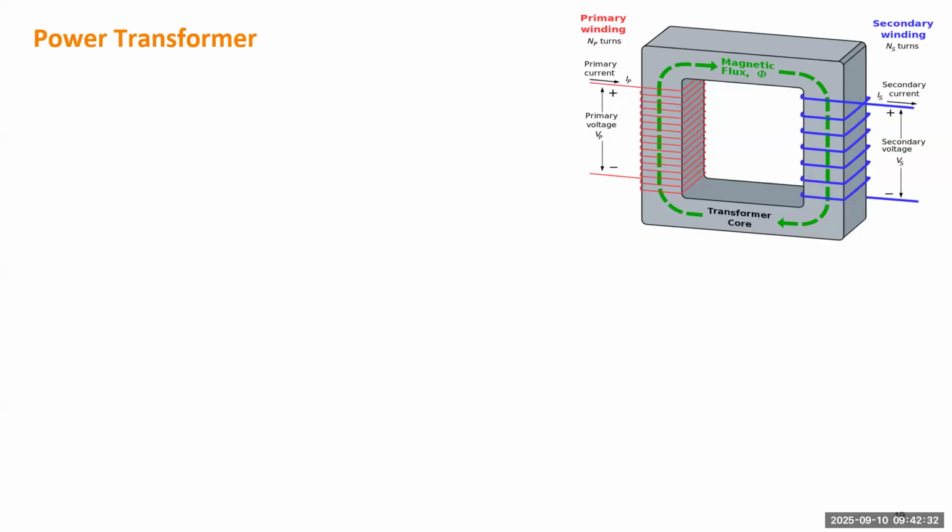So we have a number of things to model if the transformer is not ideal. If the transformer is an ideal transformer, we know the ratio of the primary side voltage to the secondary side voltage is basically equal to the ratio of the number of turns. So that's very simple. But if it's not an ideal transformer, we need to model many things, such as the leakage of the flux, because there could be some flux not staying inside of this core, so it can leave the transformer.